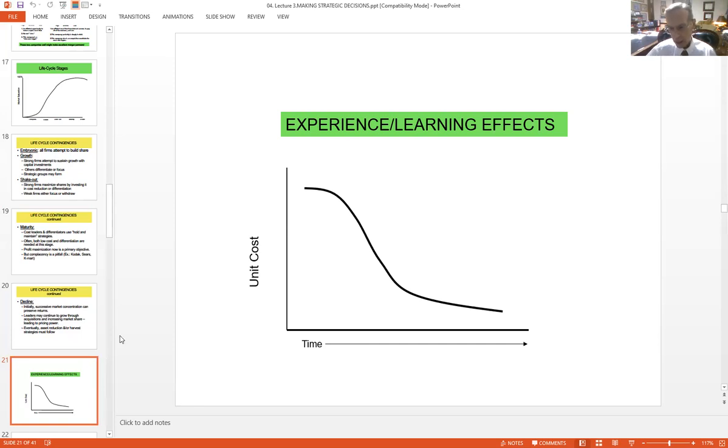But you can see that it's the growth curve upside down. And what we see is that over the life cycle, costs of firms tend to come down. So the firm that started first, if it does the right thing, will stay ahead of other companies and achieve lower costs than those that come in later. Unless, of course, those that come in later have more advanced technology.